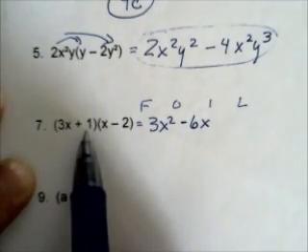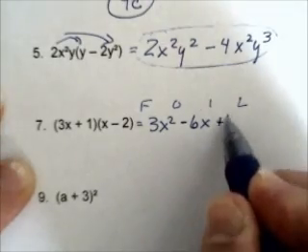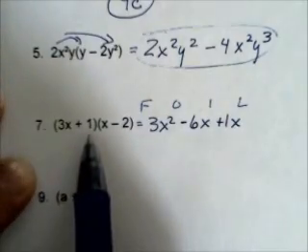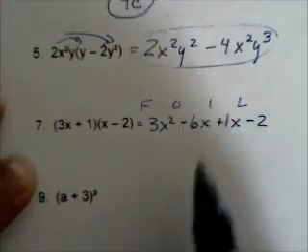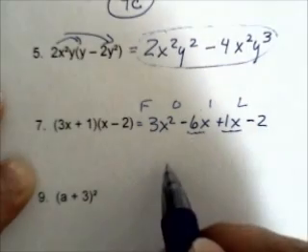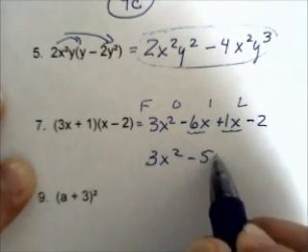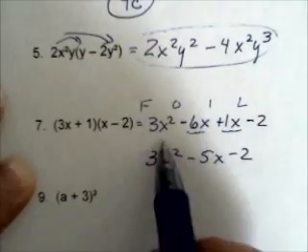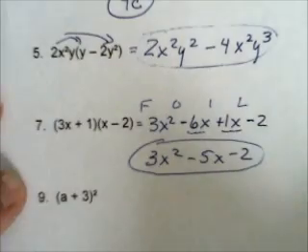Inside, positive 1 times x, positive 1x. And last, positive 1 times negative 2, negative 2. Now combine the like terms of negative 6x and positive 1x to get negative 5x. So our end result is 3x squared minus 5x minus 2.